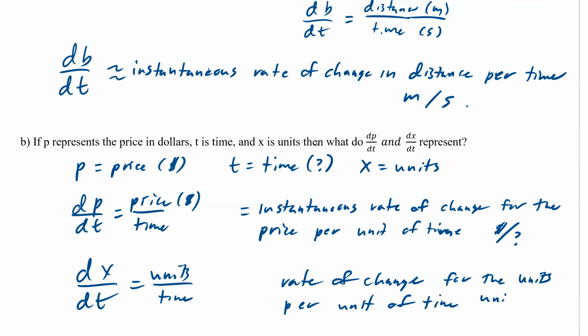And it would be units per time. And again, this is at some unit. So if you plug in like, say t is time, you could plug in 4 days, and at 4 days, it would tell us how the price is going to change and how the units are going to change. So it could say the price is going to go up and the number of units sold are going to go down, that kind of thing.